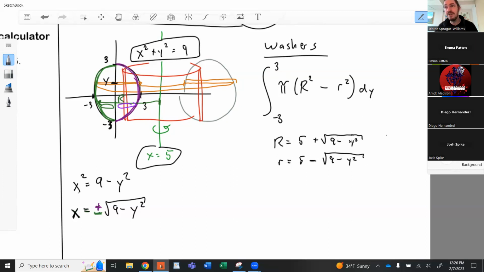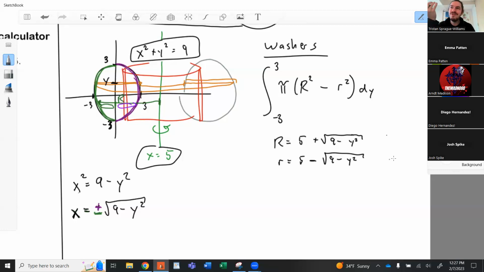They're all going to be positive because the biggest the square root of 9 minus y squared can get is 3. This function never gets bigger than 3, so we're never adding or subtracting more than 3. The bigger ones are the larger radius and the smaller ones are the smaller radius. It's really that simple.